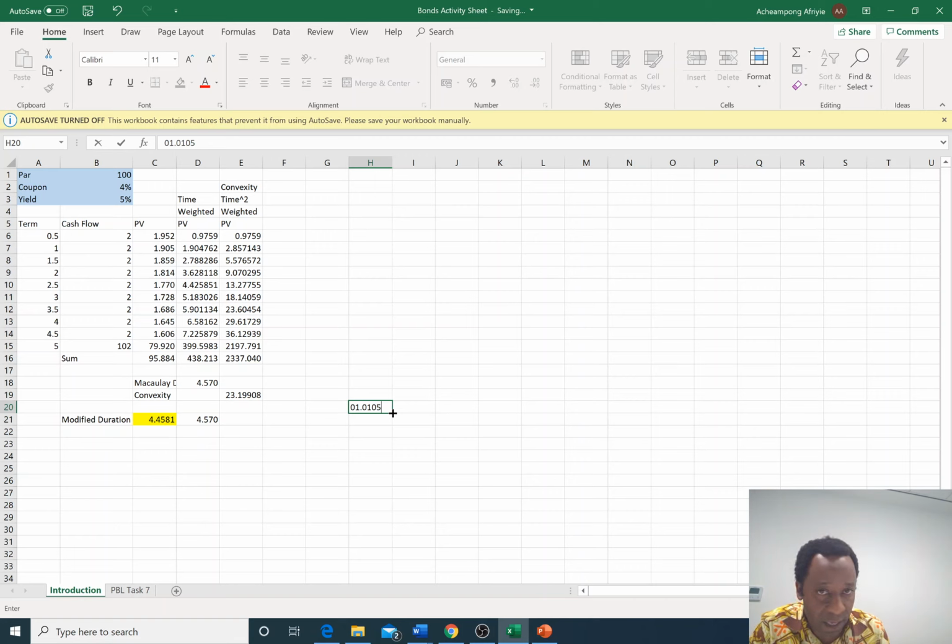This is the method that the coupon is paid. So in this example, the coupon is paid semi-annually, remember? So because the coupon is paid semi-annually, we're not going to leave it at 1/y. 1/y is when the coupon is paid annually. Okay, so we need to change the figure here to semi-annual.